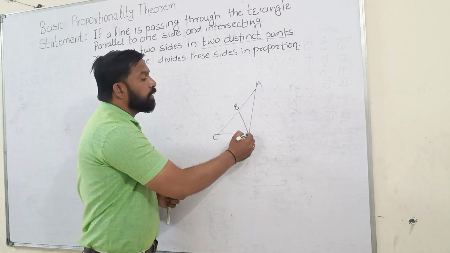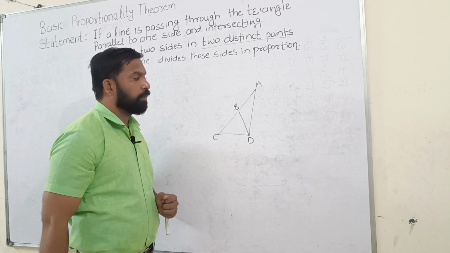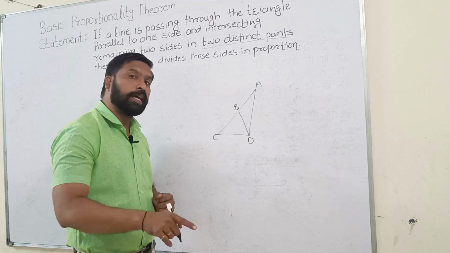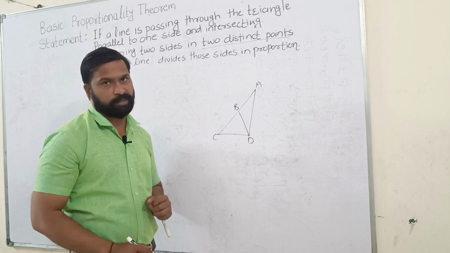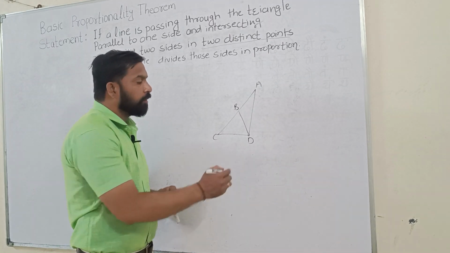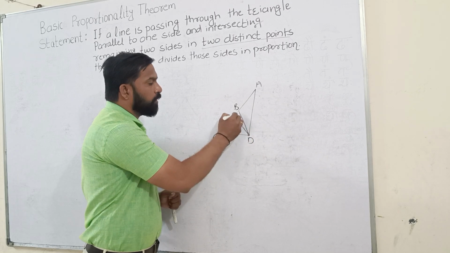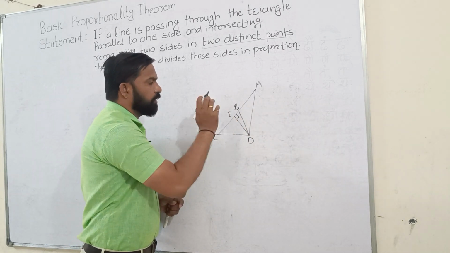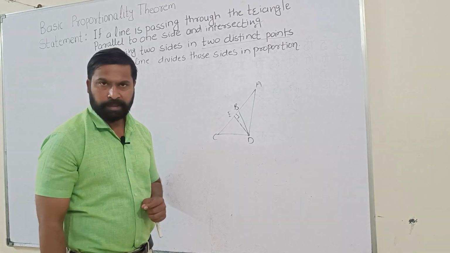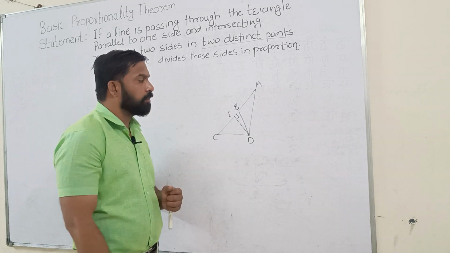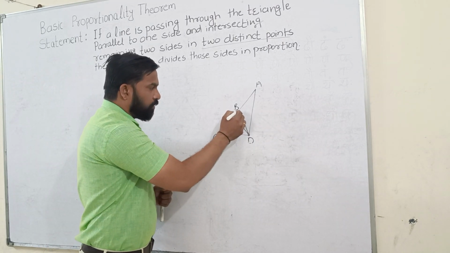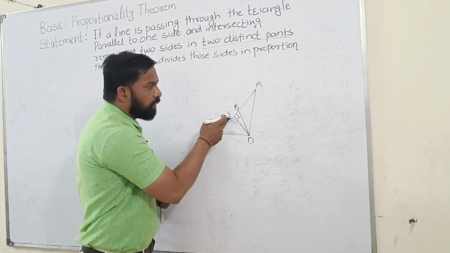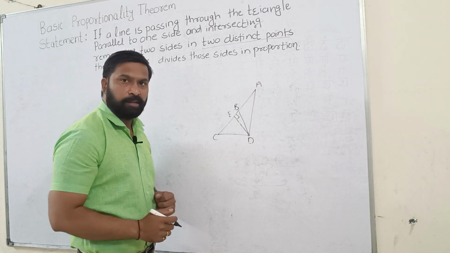But if we consider D as a common vertex, what will happen then? If we consider D as a common vertex, it will be the height. I will take one vertex here, DE is the height, right? That DE is the height for this triangle as well as for this triangle.